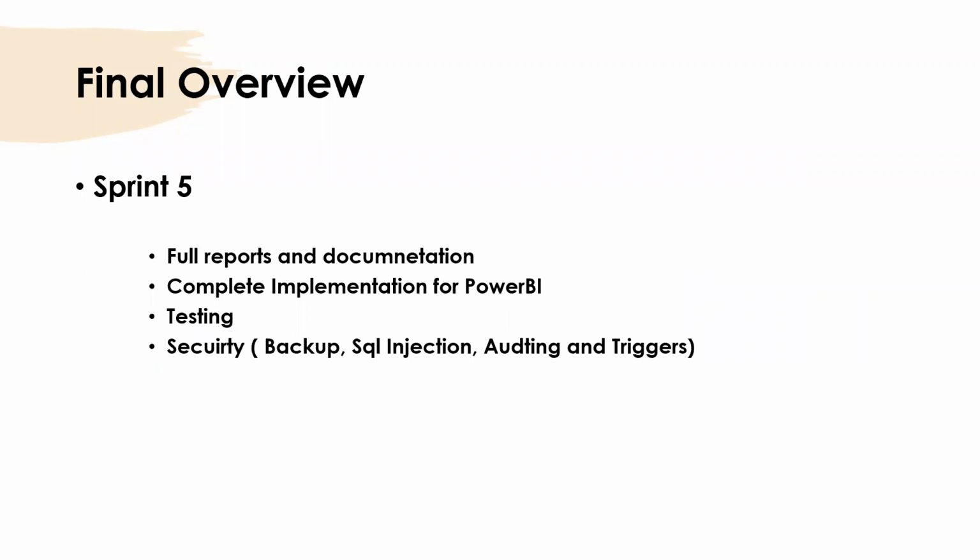For our final review for Sprint 5, there will be the full report of documentation, complete implementation of Power BI, testing, and security, which will include SQL injection, auditing, and more in triggers, which will do the backing up of logs for transaction logs and for backups.